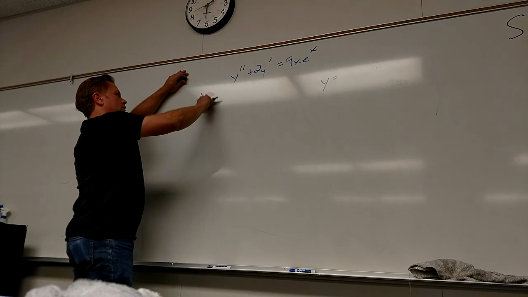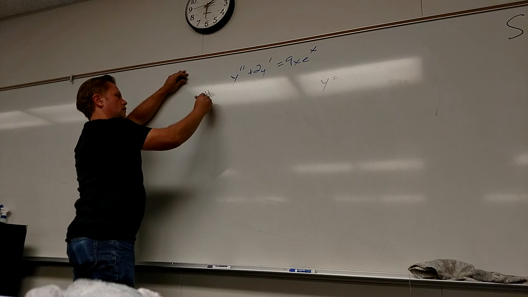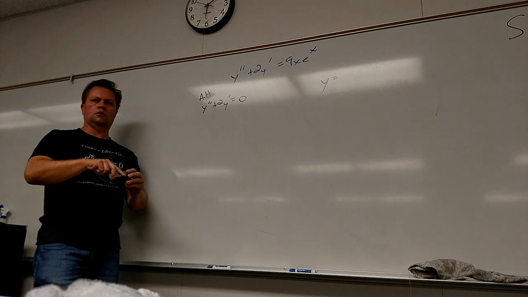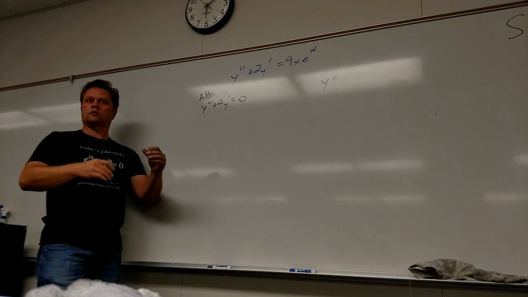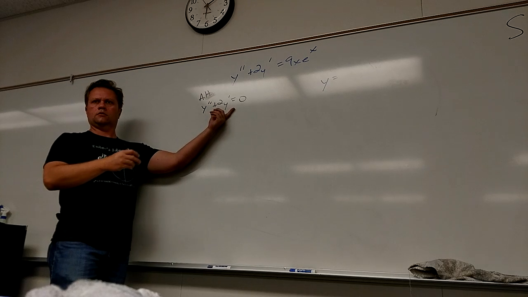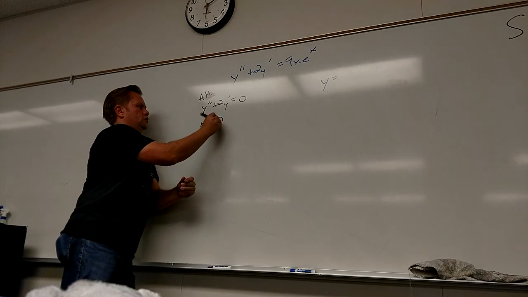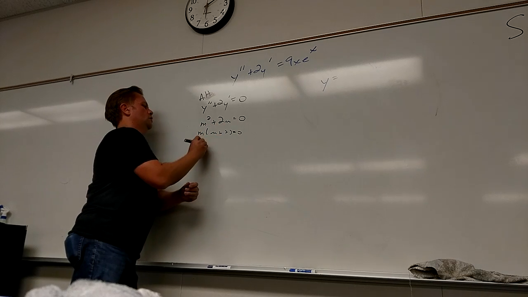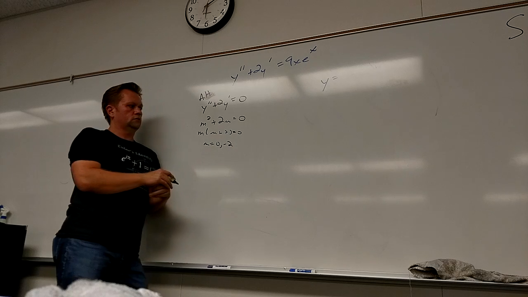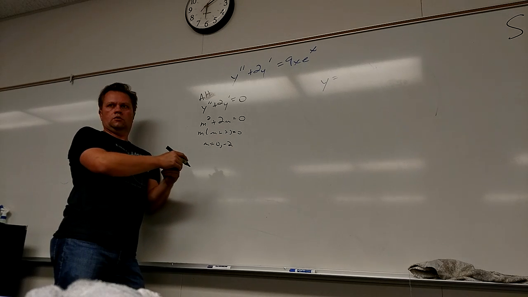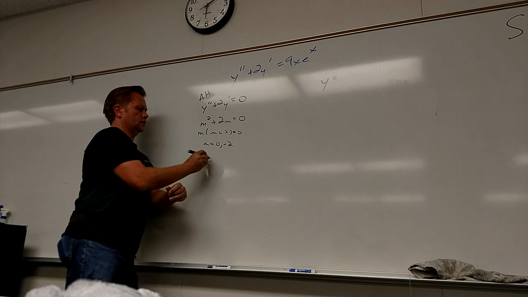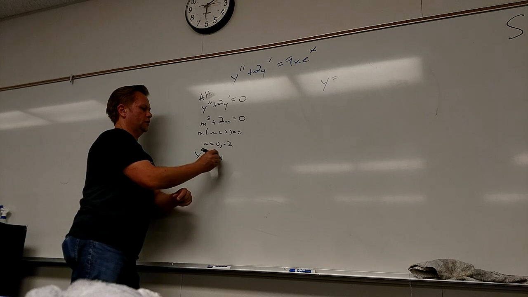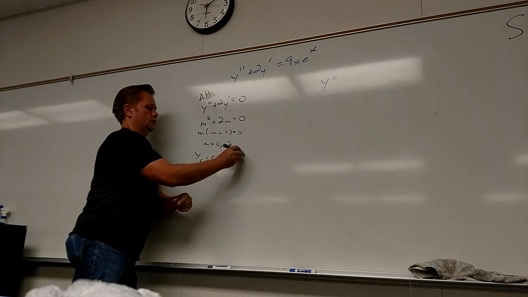So m squared plus 2m equals 0, so you get m times m plus 2 equals 0, you get m equals 0 and negative 2. So then you get yc is c1 times e to the 0, which is c1, plus c2 e to the negative 2x. I love it.